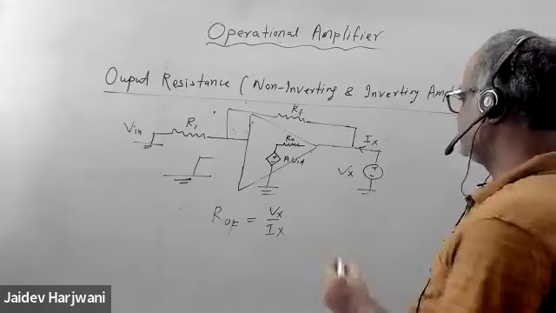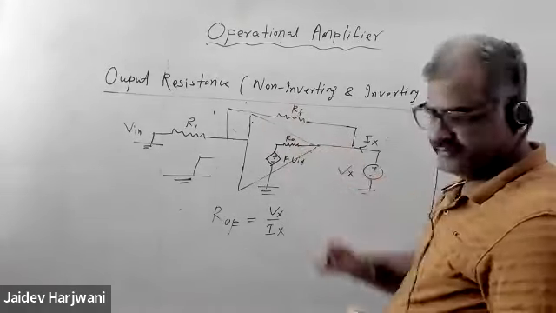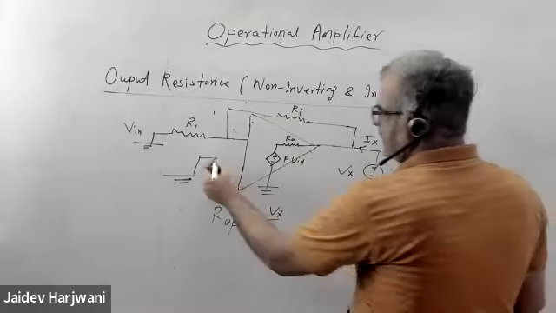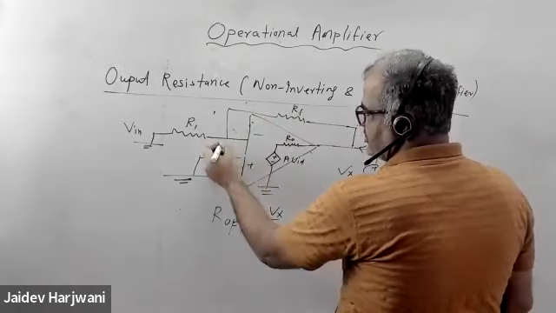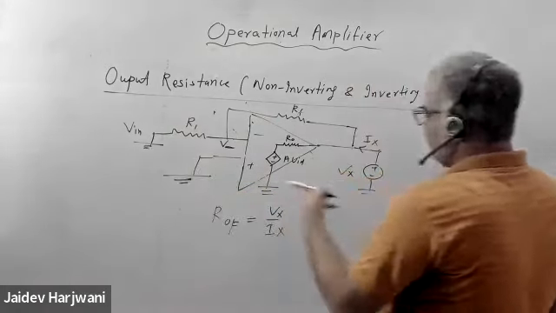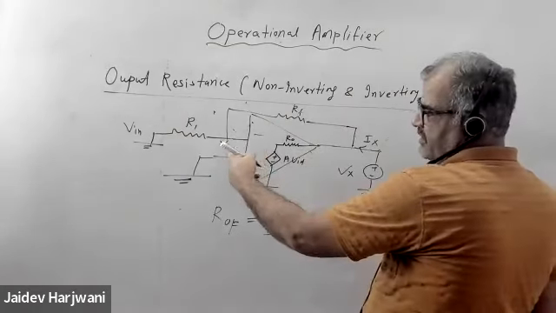Now suppose this feedback is not there. Now here some voltage is there, that's why here also now some voltage comes. Even though you're making this one short, because you are assuming one source here, some voltage is there.